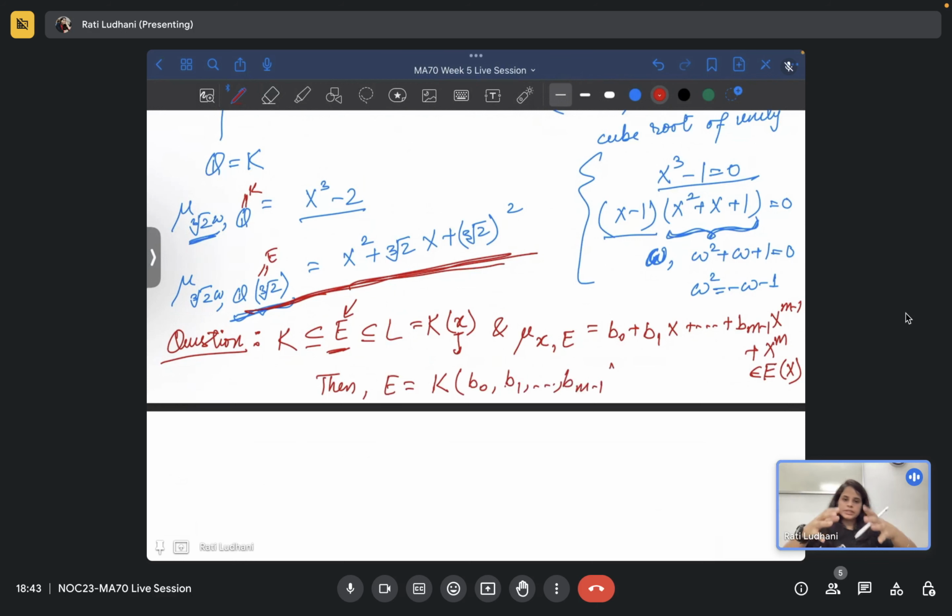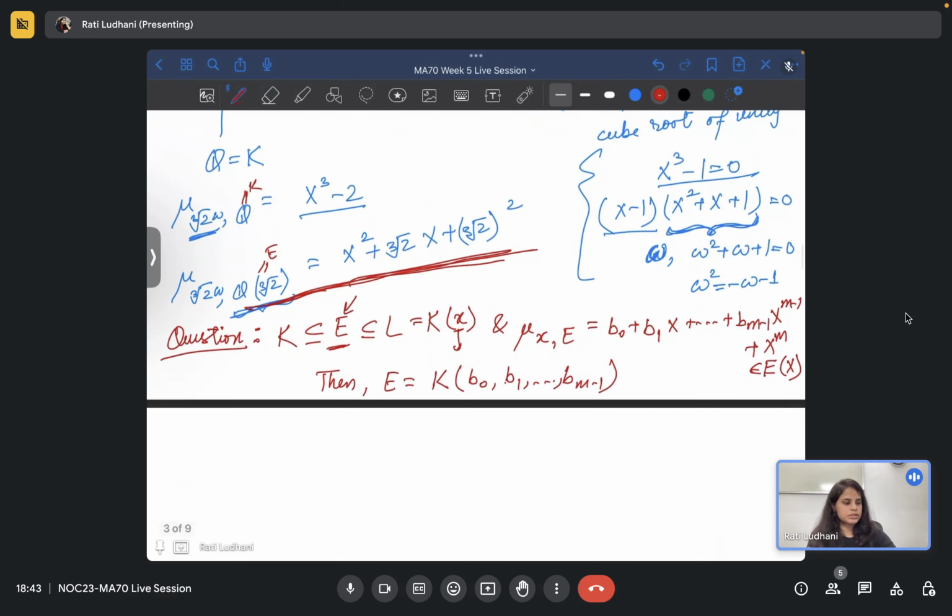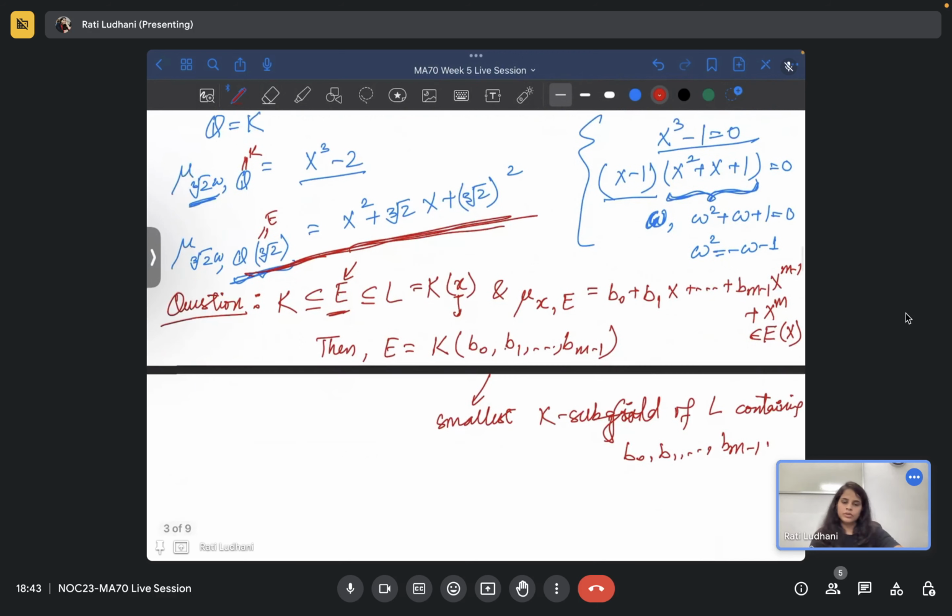In terms of fields, it just means you have b_0 up to b_{m-1} and the inverses of those, just the smallest subfield of L containing K and b_0, b_1, up to b_{m-1}.